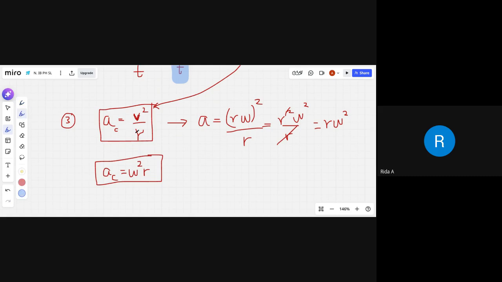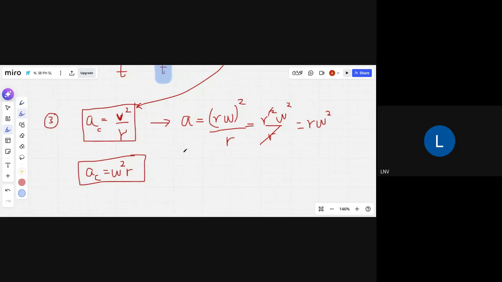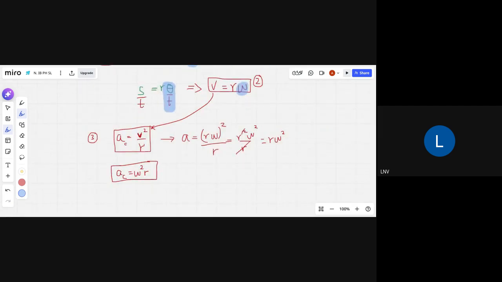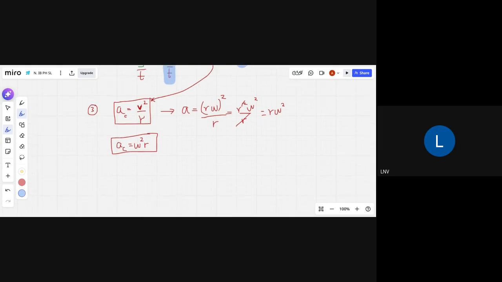All right. So are we good with the second formula? What acceleration are we finding exactly? The centripetal acceleration. Yes. There is a derivation for that as well, but I don't think it's in your syllabus.